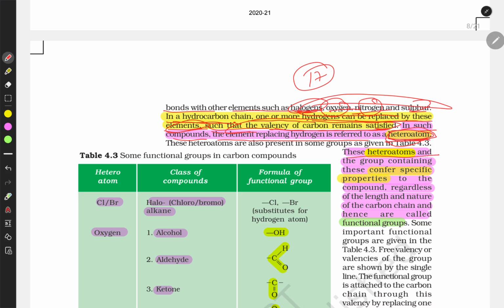These heteroatoms and the groups containing them confer specific properties to the compound regardless of the length and the nature of the carbon chain, and hence they are called functional groups. They give the molecule a function, a proper property. This is why these are called functional groups.